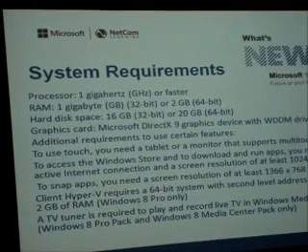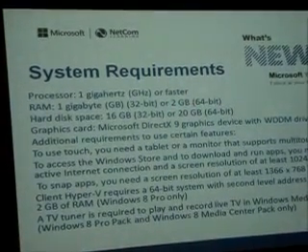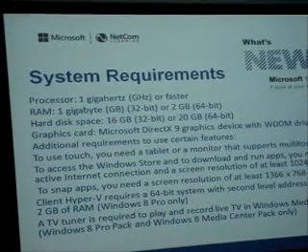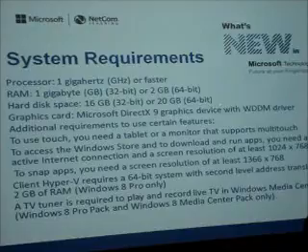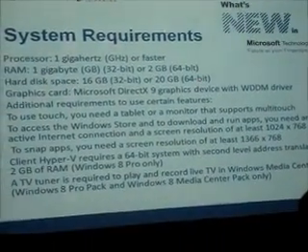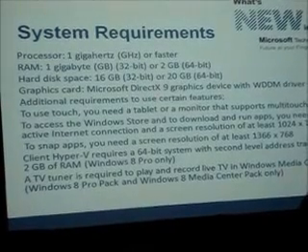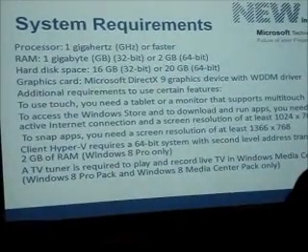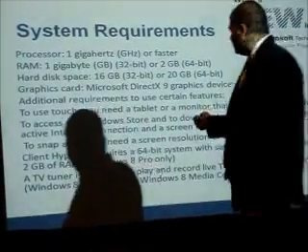They want a minimum of 2 gigs for a 64-bit operating system. Hard disk space, again, for 32-bit, 16 gigs is recommended. And of course, for the 64-bit, you have 20 gigs. Of course, graphic cards by minimum, any device that uses the WDDM, the Windows Display Driver Model.